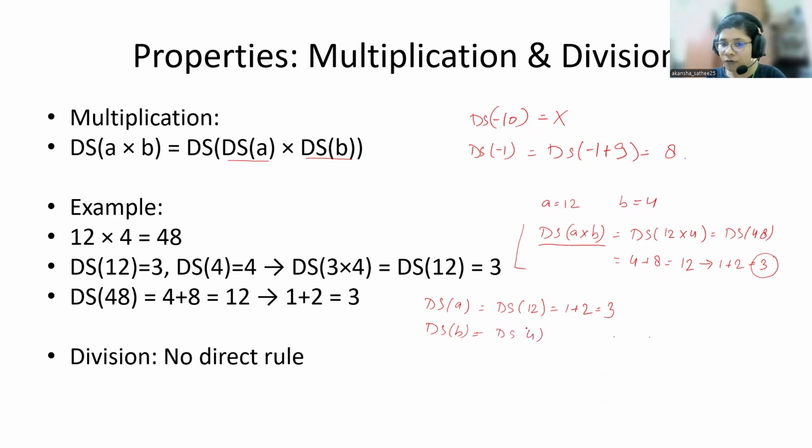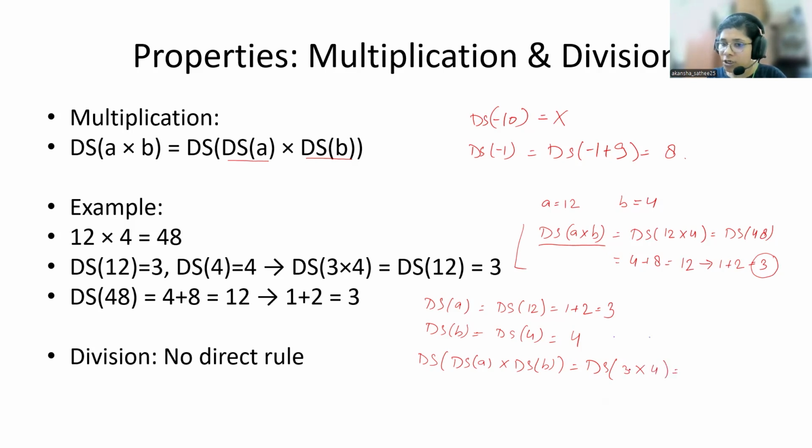The digit sum of B is 4. What is the digit sum of 4? It is a single digit number, so it is 4 only. Now the digit sum of A into the digit sum of B. You can see the difference: first we computed the digit sum of A into B, now we have changed the numbers to their digit sums.